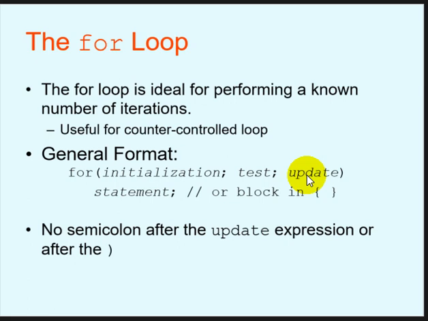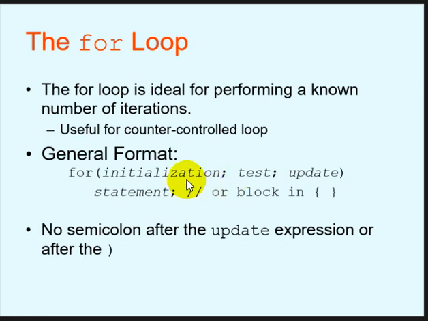But the difference in the for syntax is that these three sections are on the same line. Even in the while loop, you find initialization, the test, and the update through the counter variable. Even in the do while, you find the same three things. But in the for syntax, the three things are on the same line, separated by semicolons.